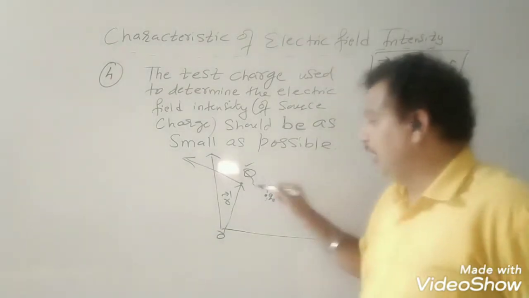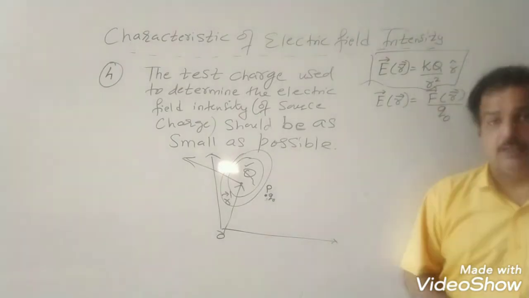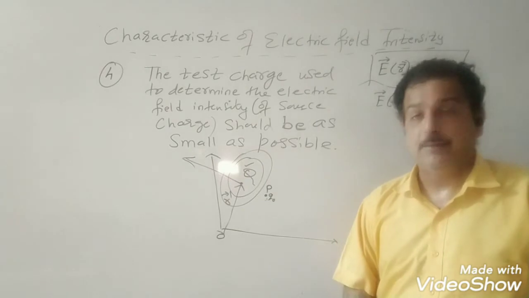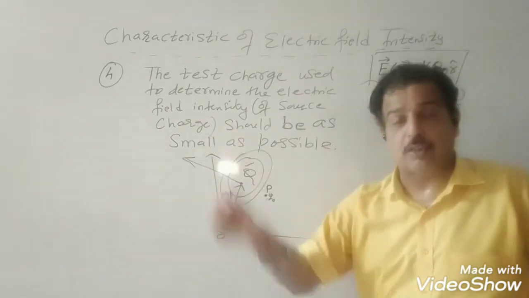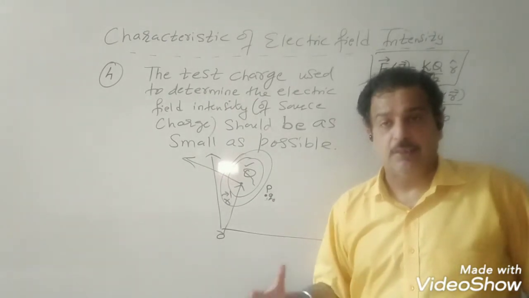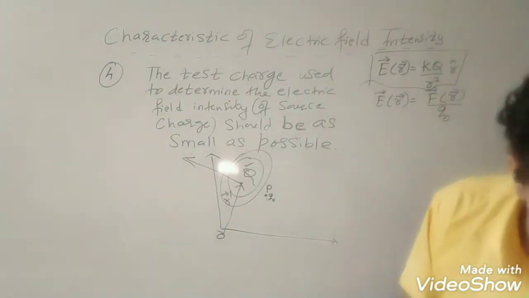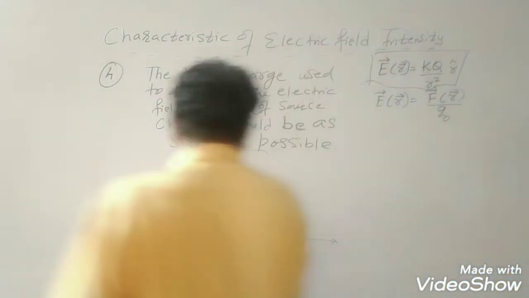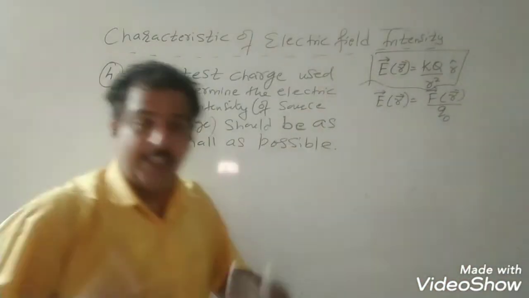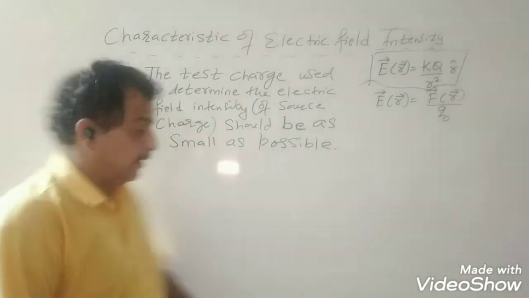If you need to find out the electric field intensity of a source charge, the field is spherical. When you place a test charge, it should not be the situation where the source charge runs away or comes into motion due to the force of interaction. In other words, the test charge should not change the configuration of the source charge, because the one whose strength we have to find, if that source itself changes its position, then it is not possible to determine its strength.